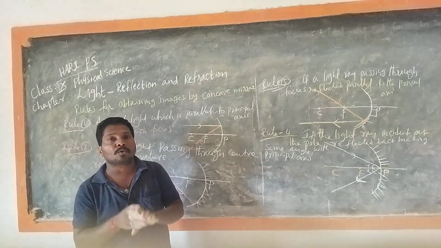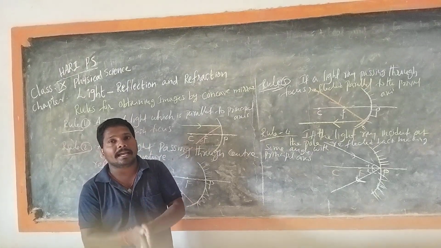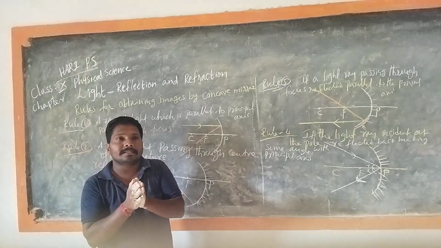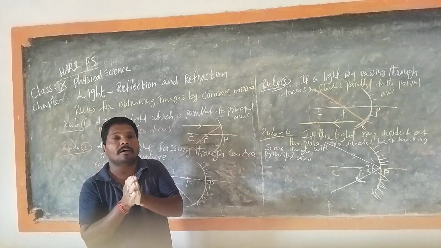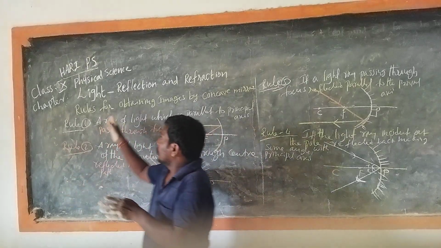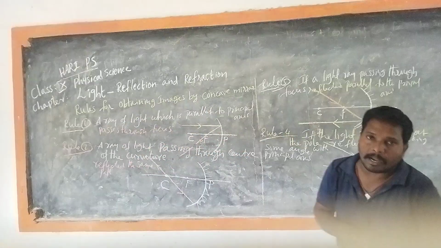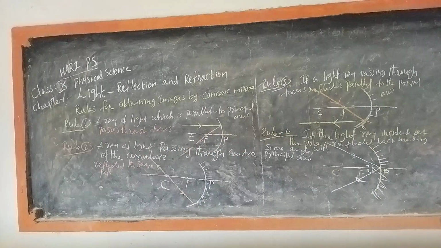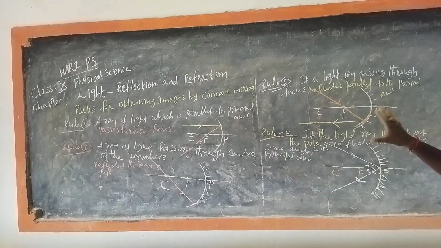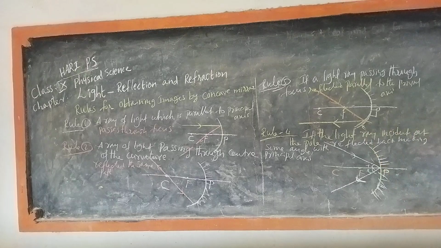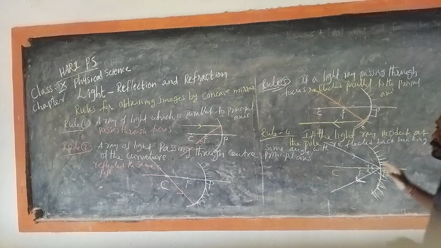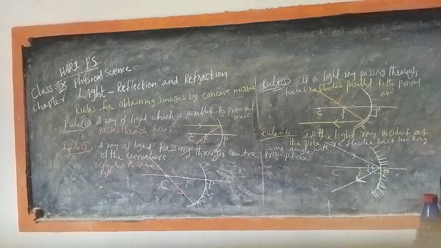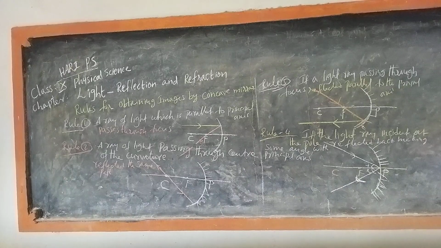So these are the rules for understanding the formation of, or obtaining, images by a concave mirror. So these are the rules, very important.